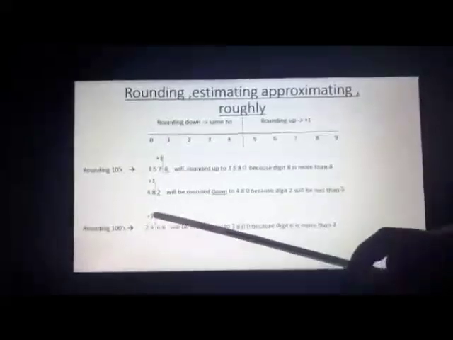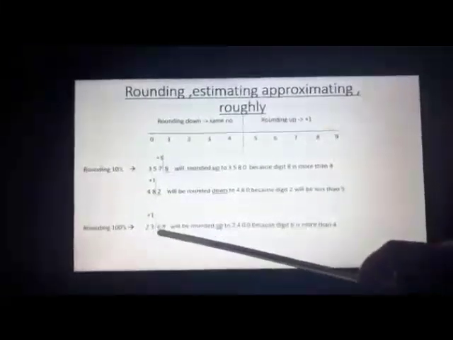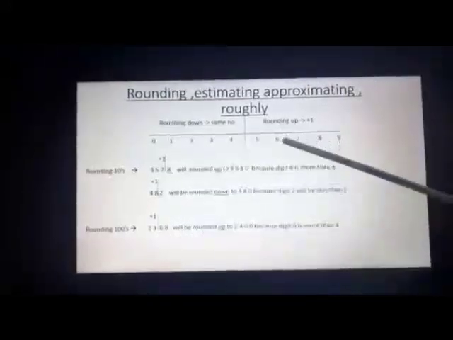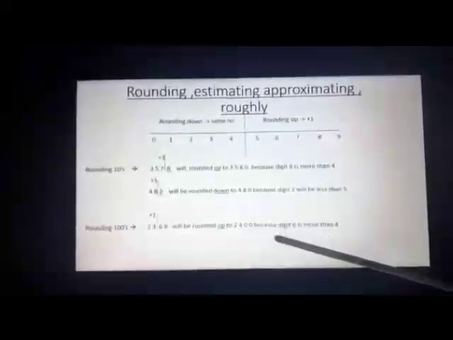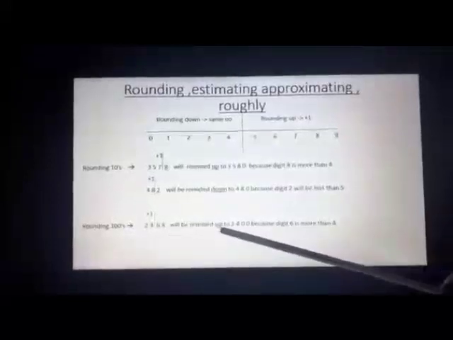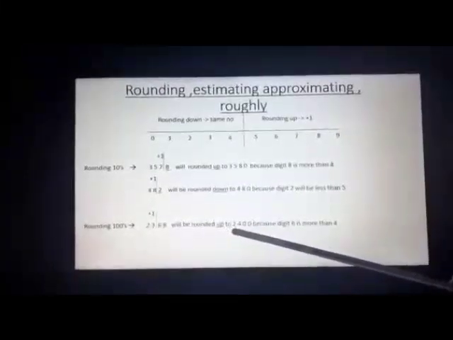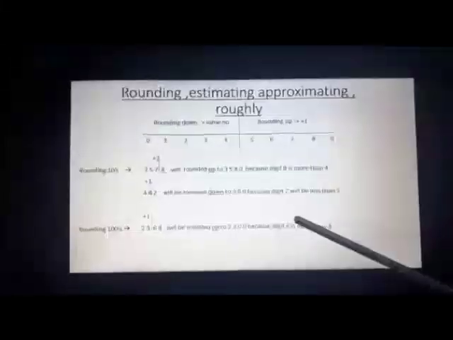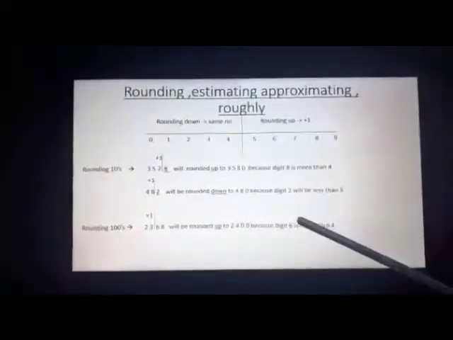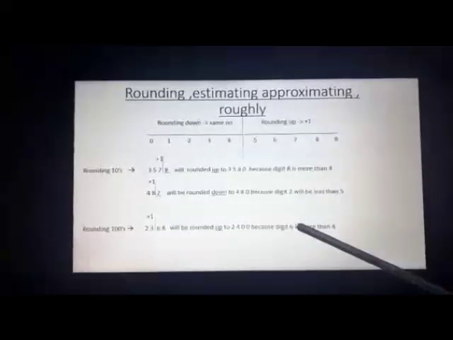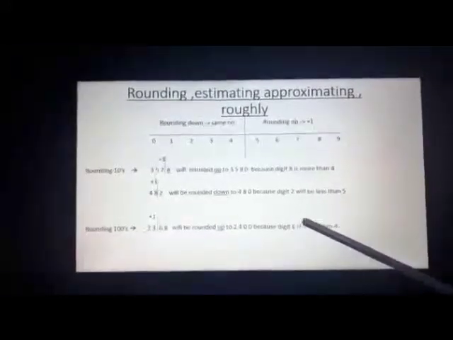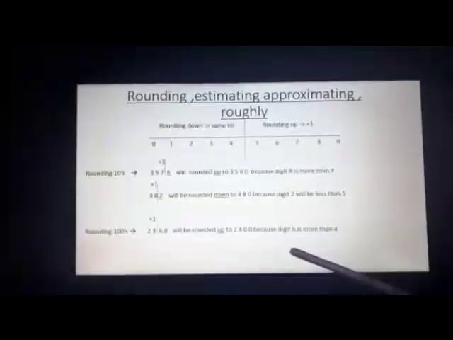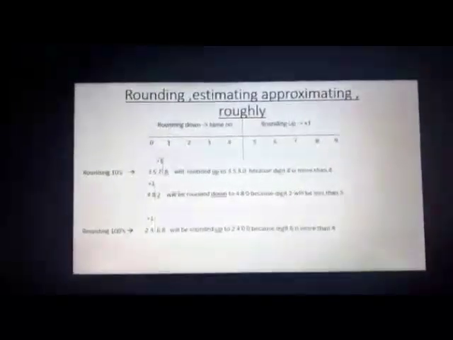For hundreds I put a slash after the hundreds place and observe the digit 6. See, 6, it is rounded up. So it will be rounded to 2,400. This is a brief, complete revision of chapter 1. We can still have more practice with worksheets and more topics. Thank you and keep learning, children.